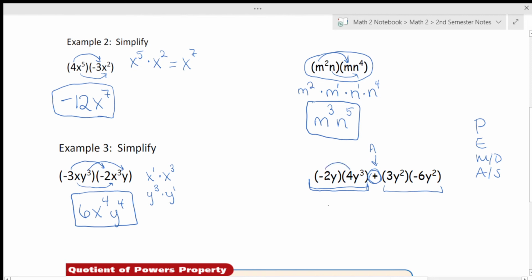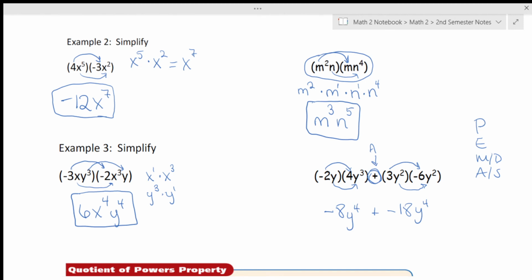That gives us negative 8. y times y cubed will give us y to the 4th here. That's our first little grouping. And then we have plus 3 times negative 6 is negative 18. And then y squared times y squared would be y to the 4th, as we add those exponents together. So now we have negative 8 y to the 4th plus negative 18 y to the 4th.